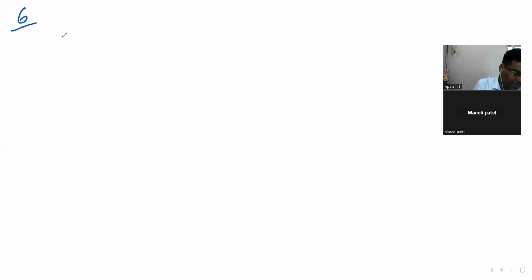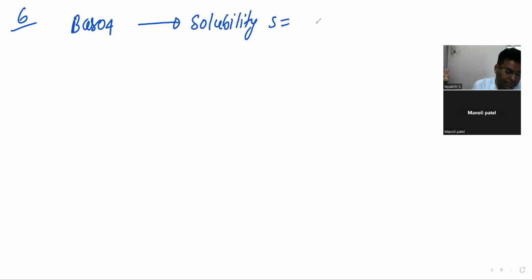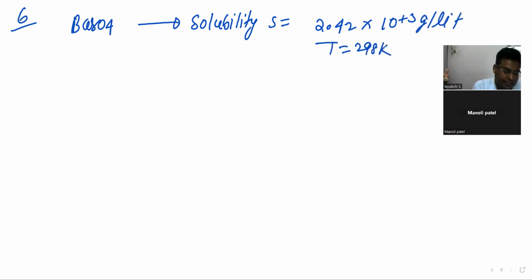Now see question number 6, solubility of barium sulfate. The barium sulfate solubility is given as S. The value is 2.42 into 10 raised to minus 3 gram per liter at a temperature of 298 Kelvin.